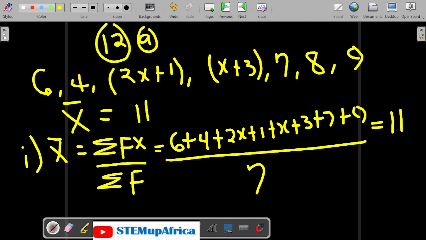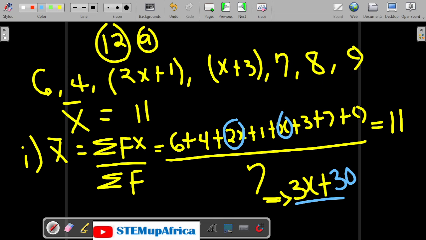So what does that give us? Let's add those we can add. 2x plus x will give us 3x. Let's add all the numbers: 6 plus 4 plus 1 plus 3 plus 7 plus 9, that will give us 30, over 7 equals 11.